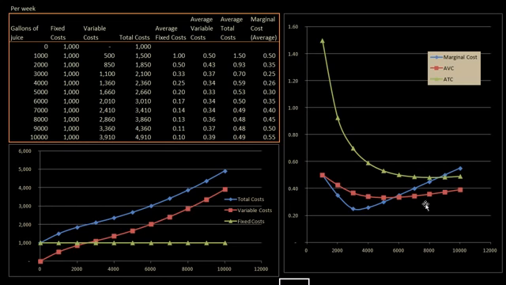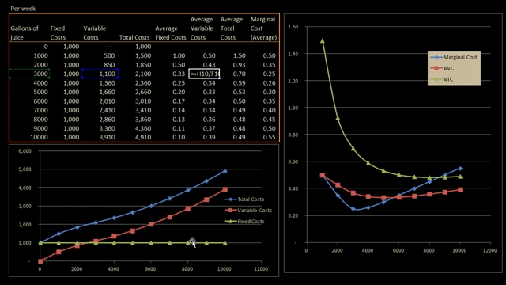And that's most clear in this marginal cost curve, and it's somewhat clear in the average variable cost. In the average variable cost, it gets muffled to a certain degree, because remember, the average variable cost at any one of these points is equal to your variable cost divided by the gallons of juice.